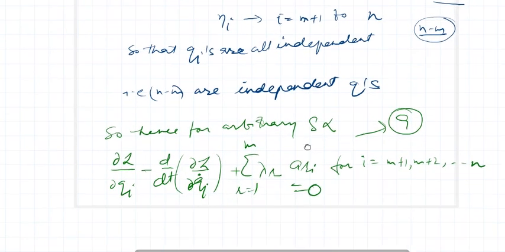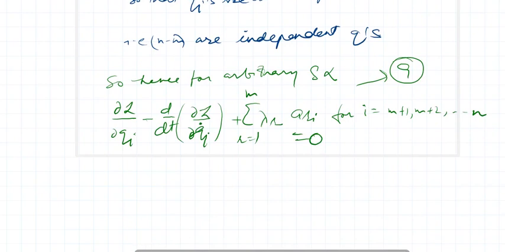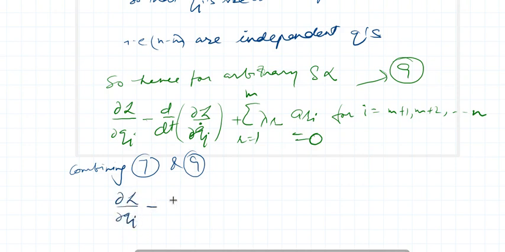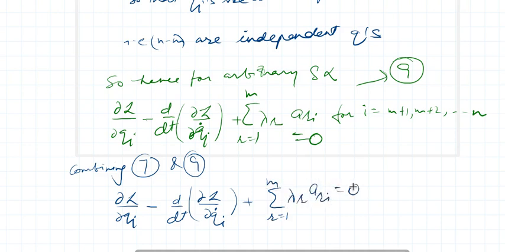So if I combine 7 and 9, we can say that this integrand will be equal to 0 for all i's, right? So that means ∂L/∂q_i minus d/dt ∂L/∂q̇_i plus summation r varies from 1 to m of λ_r a_ri must be equal to 0, and let me call this equation number 10, and it's 0 for all n.